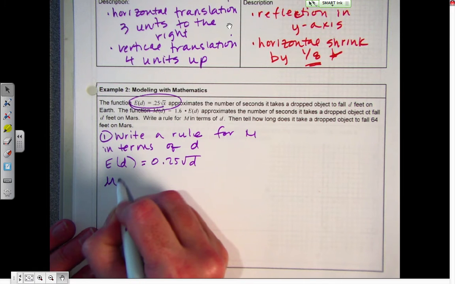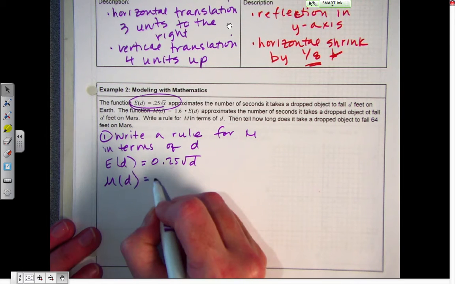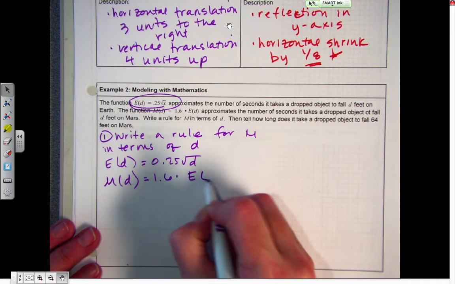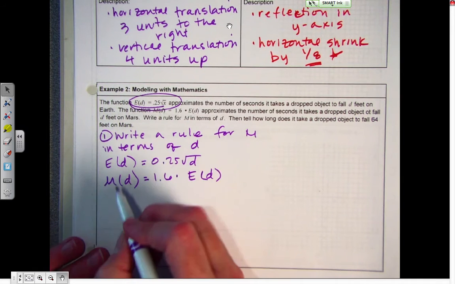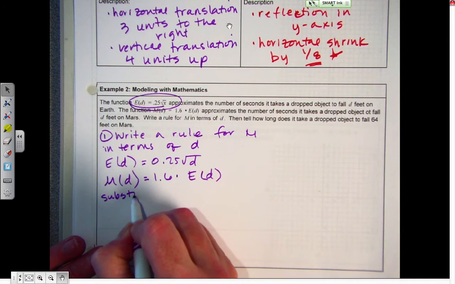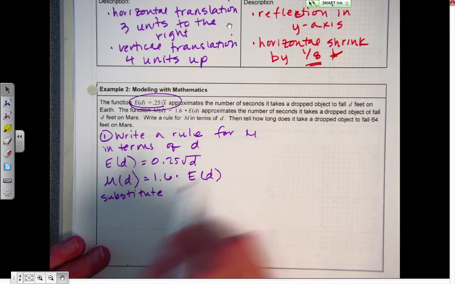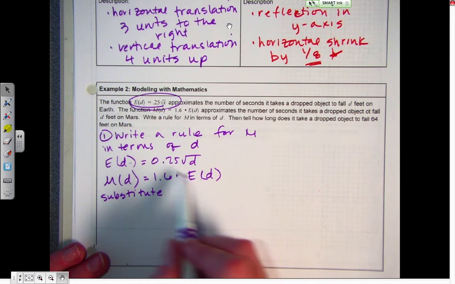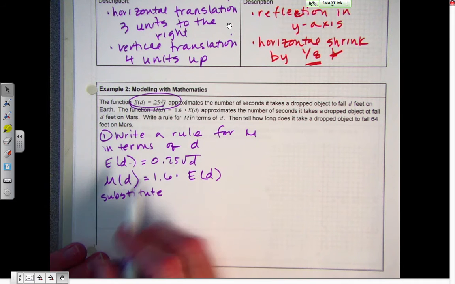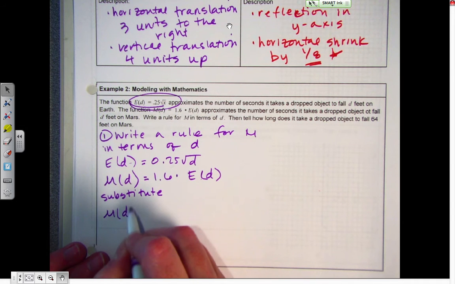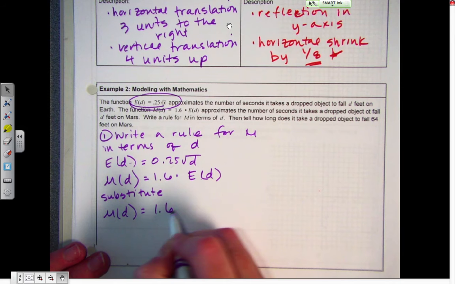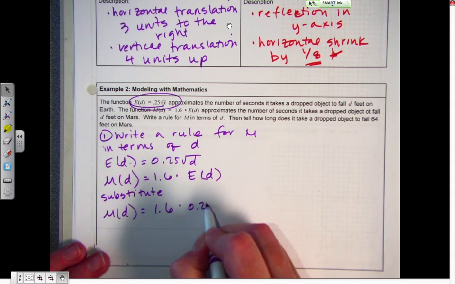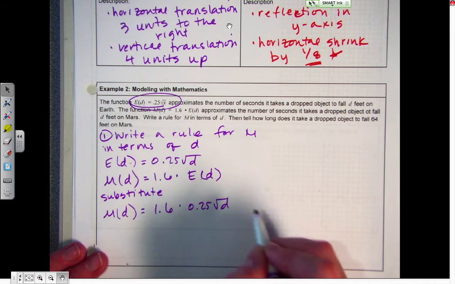M of d equals 1.6 times e of d. So we're going to substitute e of d in. So we know what e of d is equal to. We're going to put this right here. So m of d equals 1.6 times 0.25 times the square root of d.